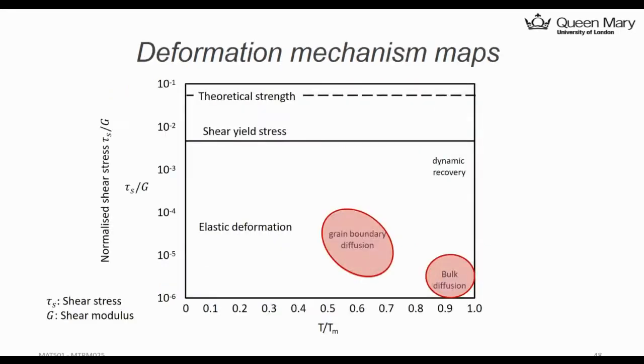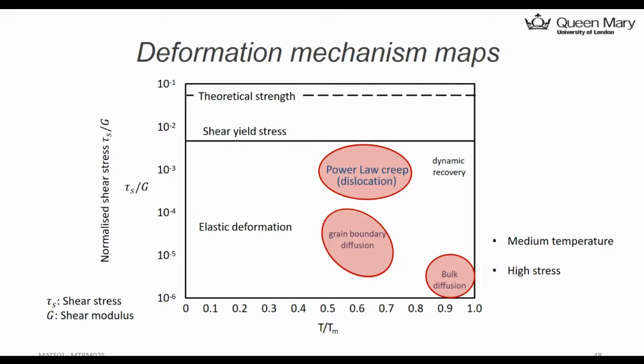So I think I can stop here, and next time we will talk about this area, which is the power law creep, which is basically governed by the dislocation behaviors of metal. And you will see the relationship we have talked about, the example we showed with A times sigma to the n times e to the minus Q over RT.